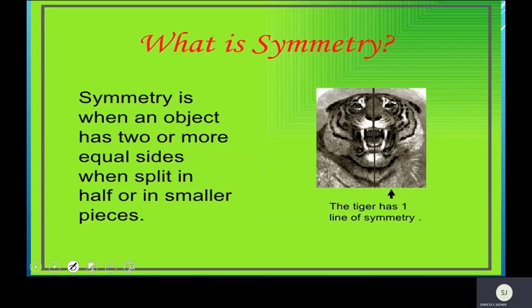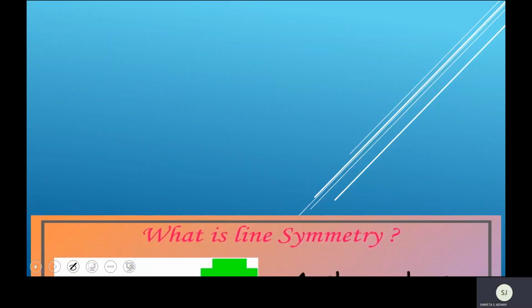So what is symmetry? What have you understood? Symmetry is when an object has two or more equal sides when split in half or in smaller pieces. Like, as I said, in nature also we can find symmetry. This is the figure of a tiger. You can see one line of symmetry, which is a vertical line of symmetry in this face.